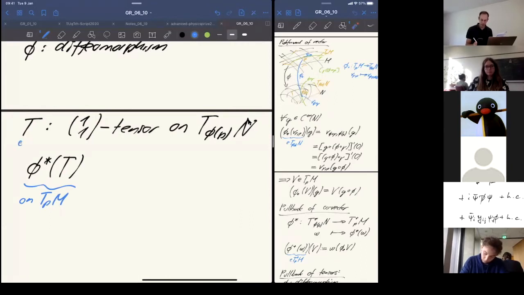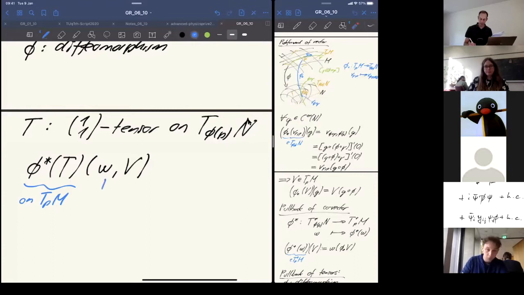The original one was on T_phi(p)N. And the trick is always to feed it with its arguments. Because it lives on T_pM, it takes as arguments elements that live in T_pM or T_p star M. And because it's a 1-1 tensor, it takes one covector and one vector.